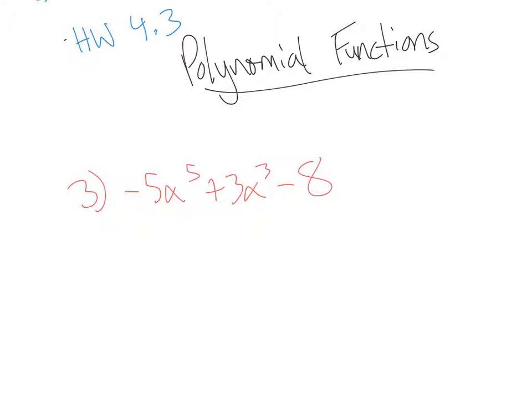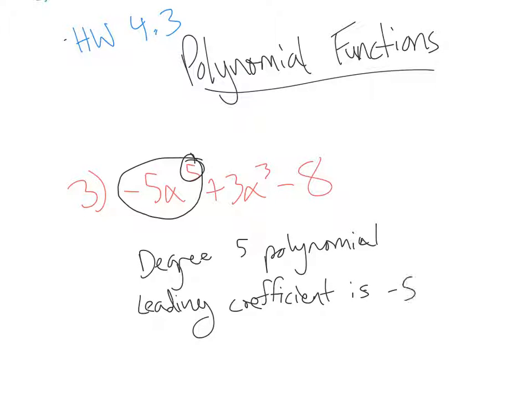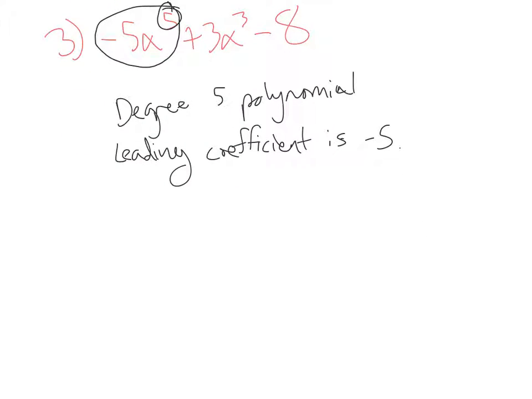Since this term is the top dog with the highest degree, we would say this is a degree 5 polynomial, and its leading coefficient is just the number in front, so that would be negative 5. Alright, that's it for that one. Let's check out number 6 really quickly.